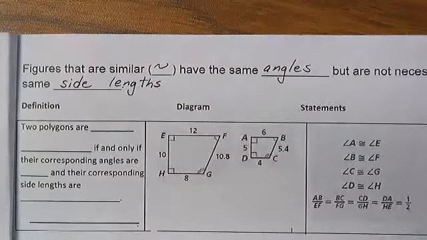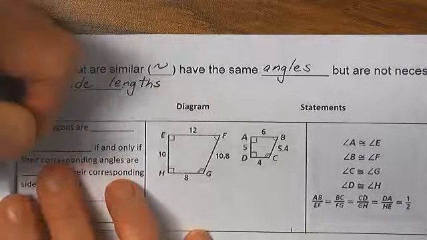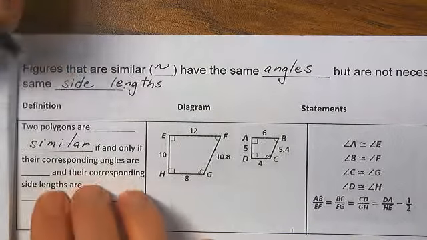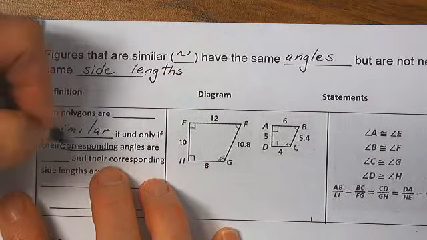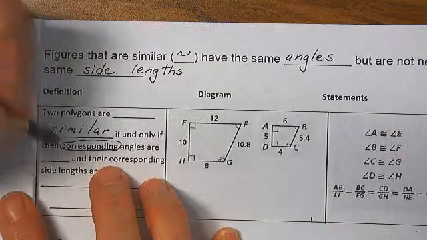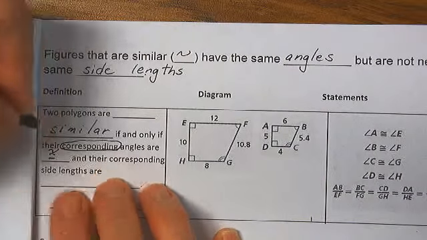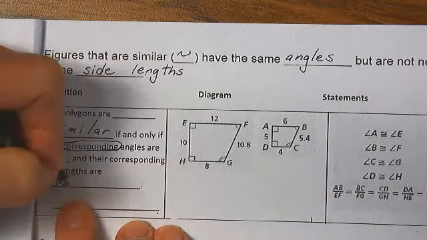Two polygons are similar if and only if their corresponding angles, make sure they're corresponding, are congruent and their corresponding side lengths are proportional.